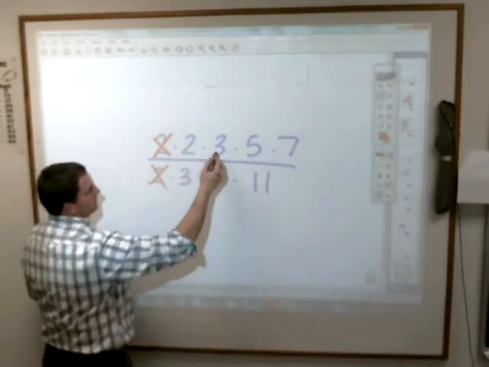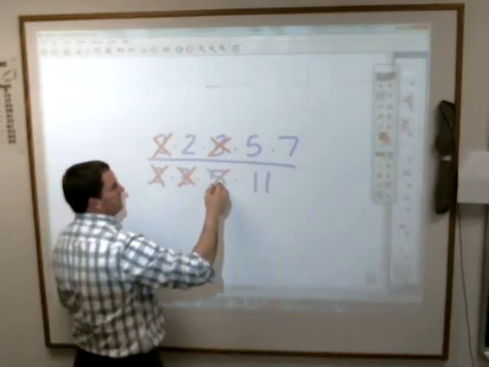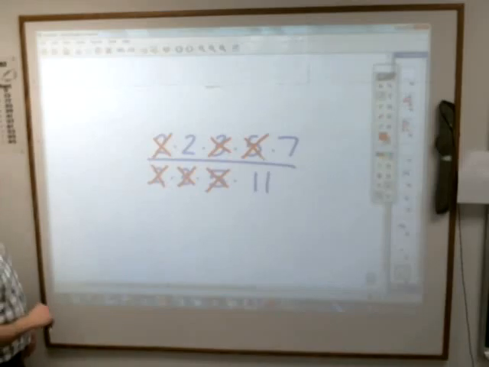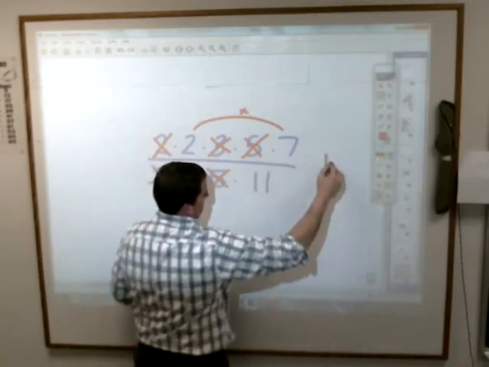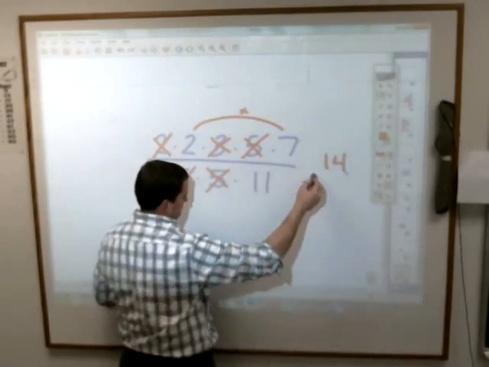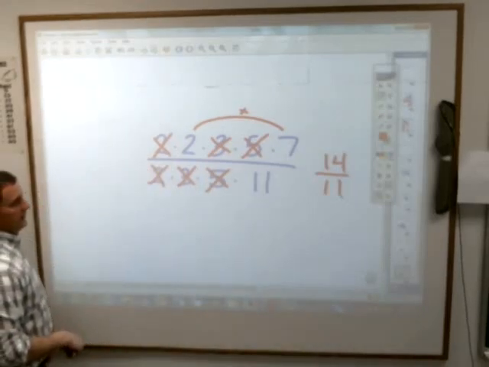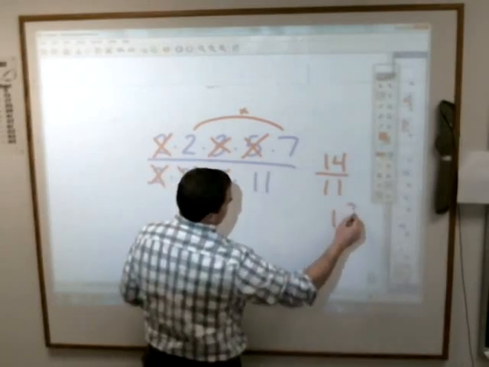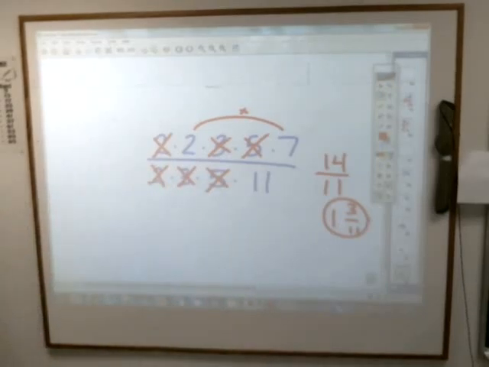A 3 and a 3 cross off. A 5 and a 5 cross off. Nothing else crosses off. So I'm left with, you re-multiply these, 14 over an 11, which we can't leave, but since I just made this up in my head, that's what happened. 14 11ths, which is the same as what, 1 and 3 11ths? You okay with that? Sure. Wonderful.